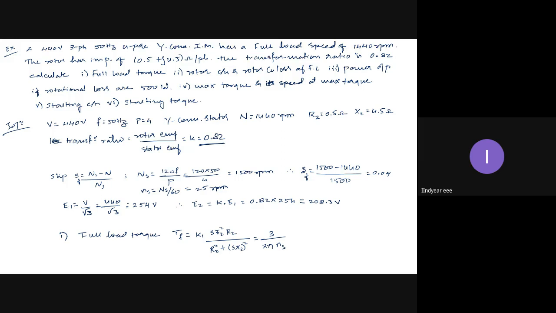1500 revolutions per minute, 25 revolutions per second, into s E2 square R2 divided by R2 square plus S into X2 its square. So I can write TF is equal to, and this TF is nothing but my TG.